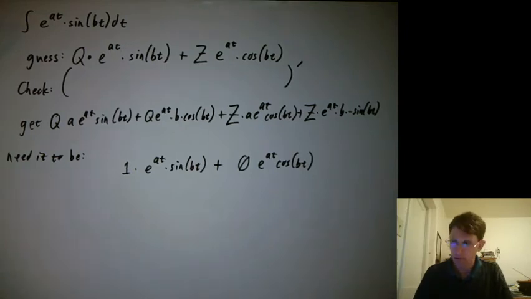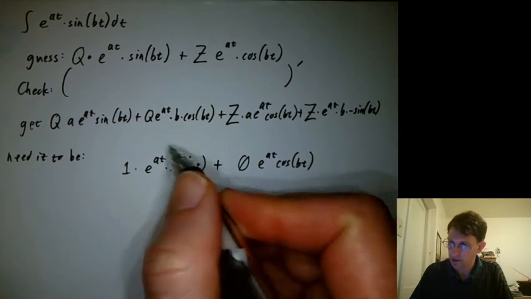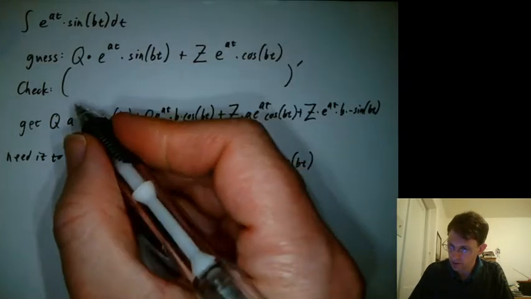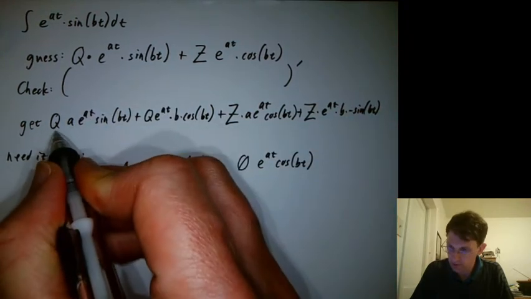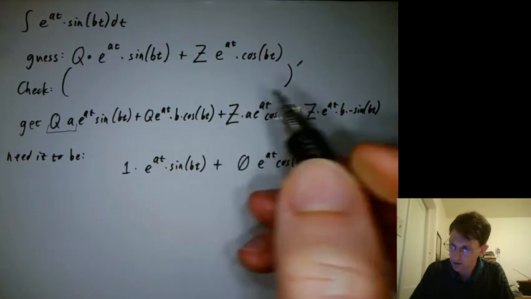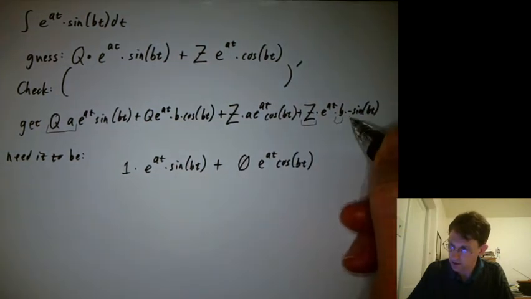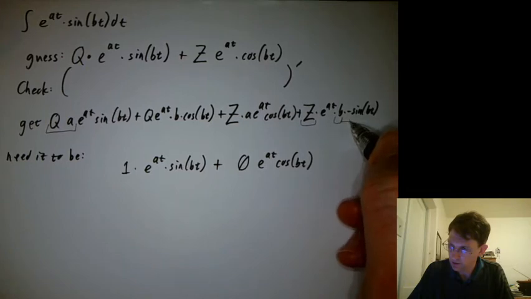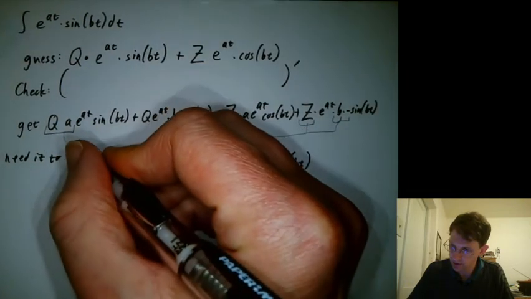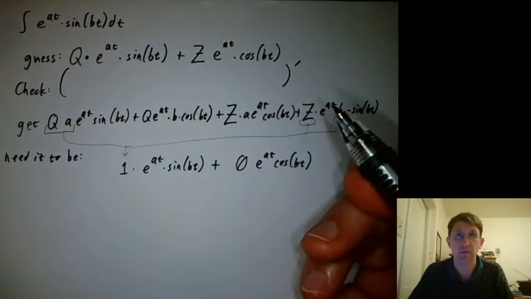So let's think about what's going to go into this. This sine bt is occurring there and there. So I need this q times a, and this z times b with the negative. All those should get together and add up and simplify to 1.